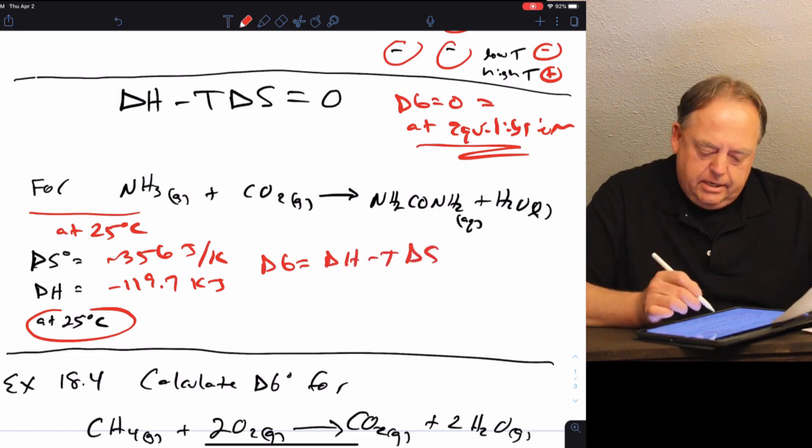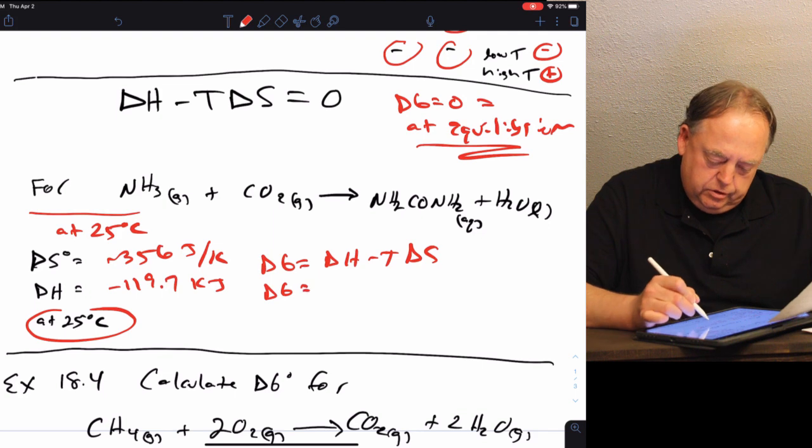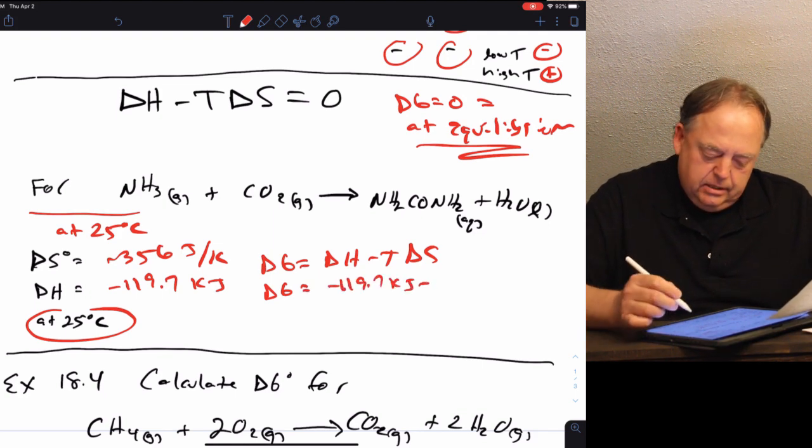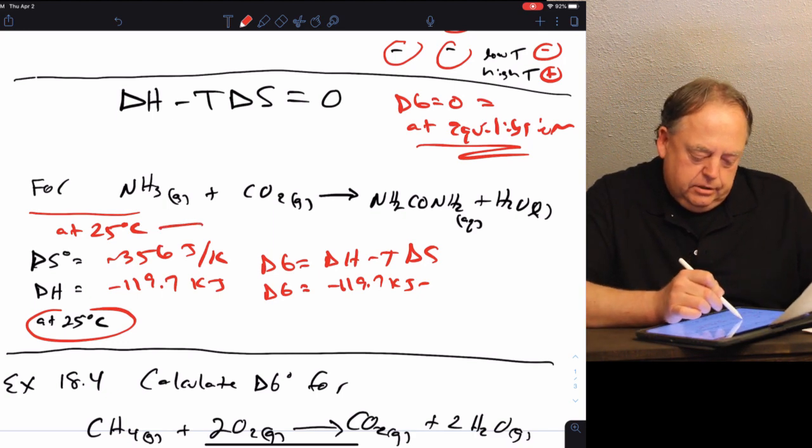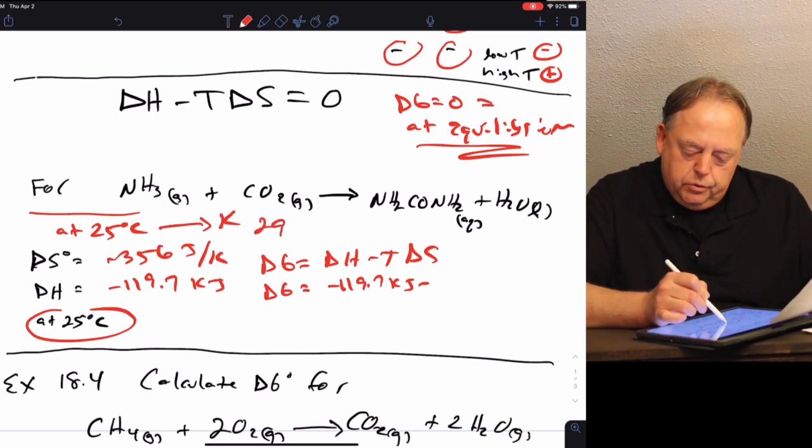We can just plug into that equation. Delta G is equal to negative 119.7 kilojoules minus, since temperature is in Celsius, you need to convert that to Kelvin, so that will be 298 Kelvin.